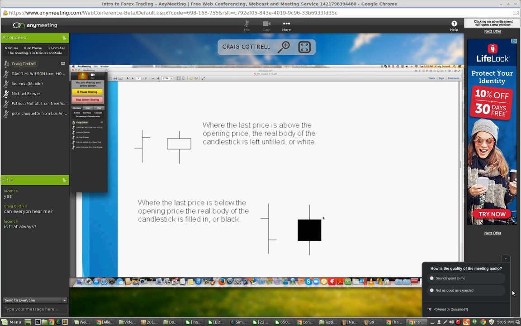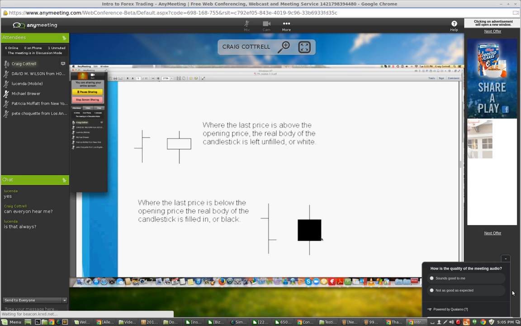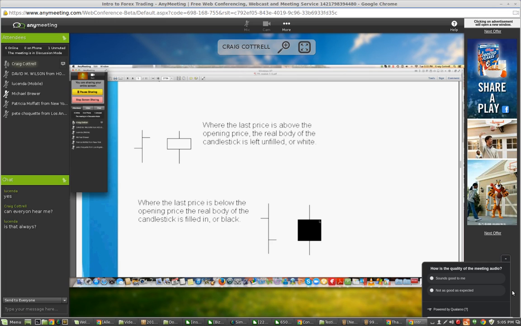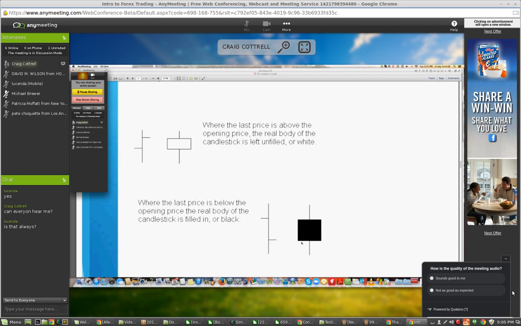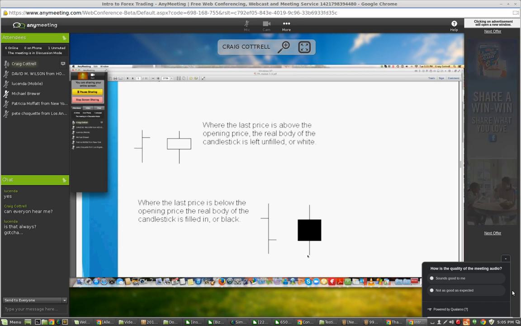And this black candle down here represents a price that closed lower than where it opened. So on the black candlestick, the price would have opened at the top of the body and closed at the bottom of the body. Then you have your high for the period, which is the top of the wick, and the bottom of the wick would be the low for the period.